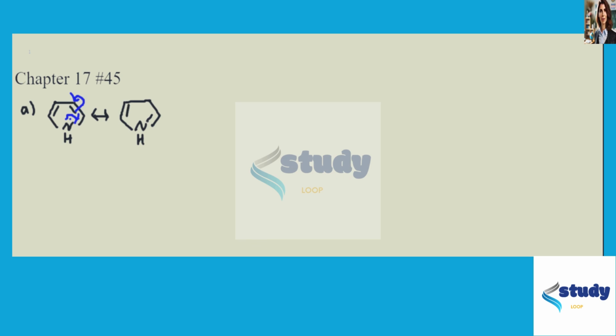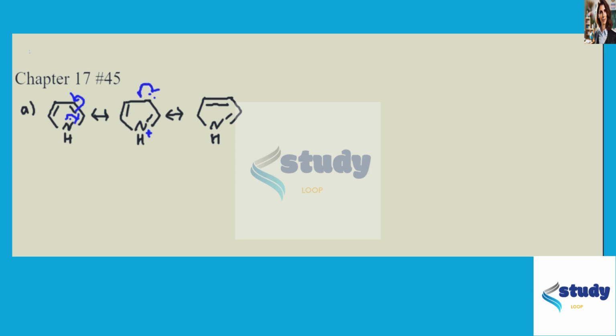Okay, and so nitrogen has a positive charge here, and now our lone pair and negative charge are located on this carbon. And then we can move it one more time. So the electron movement would look like this.